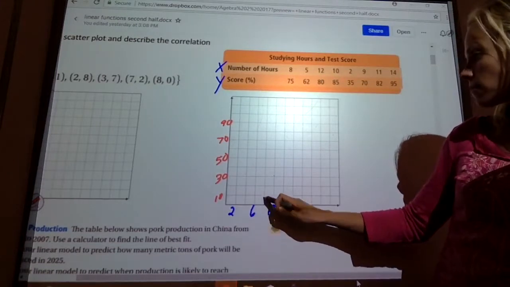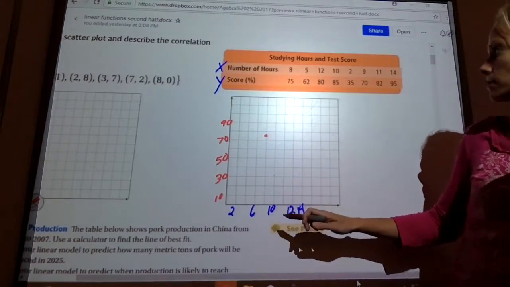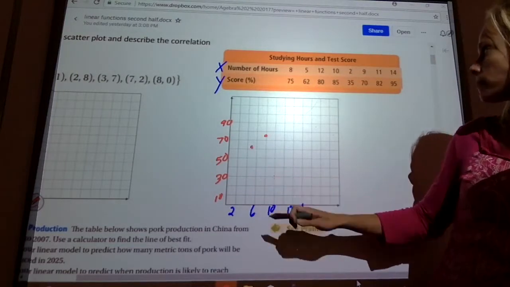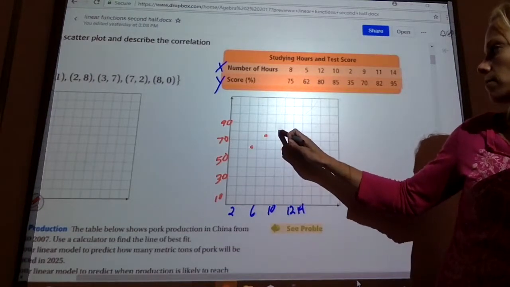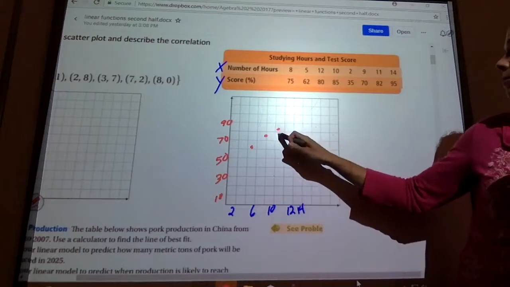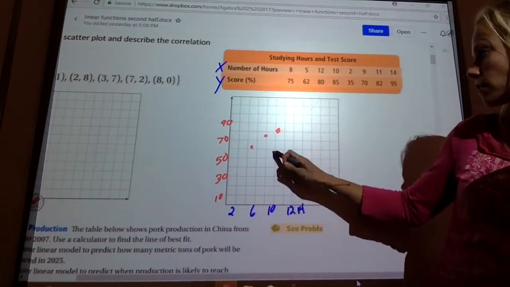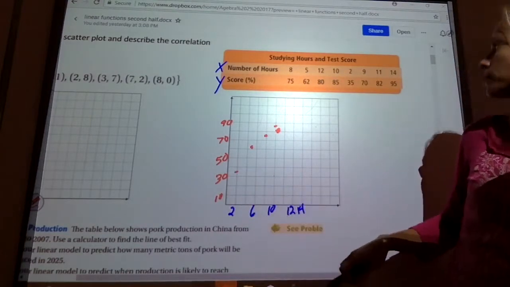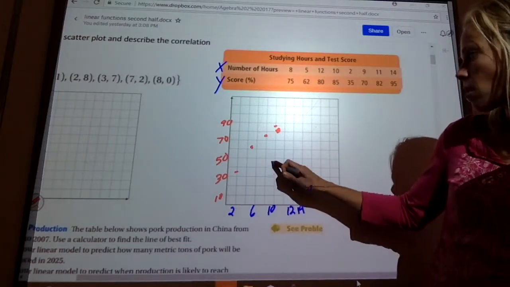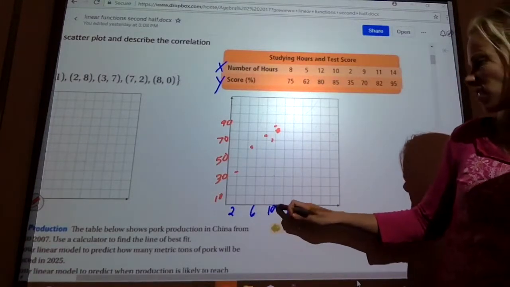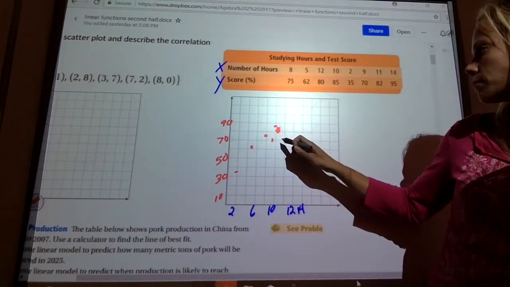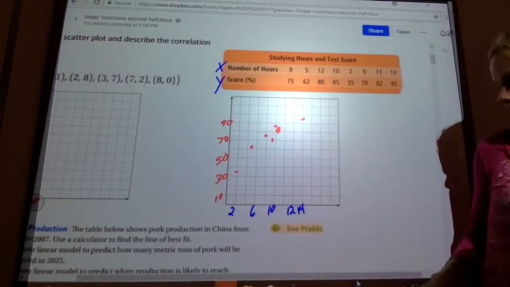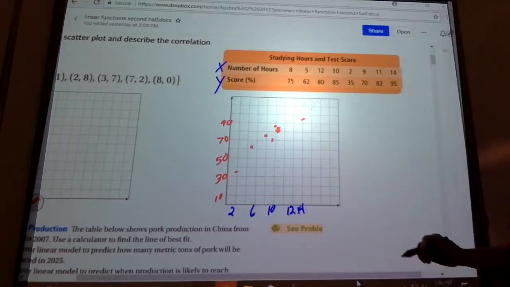So 8, 75, 5, 62, 12, 80, 10, 85, 2, 35, 9, 70, 11, 82, and 14, 95. So what kind of correlation did we get here?